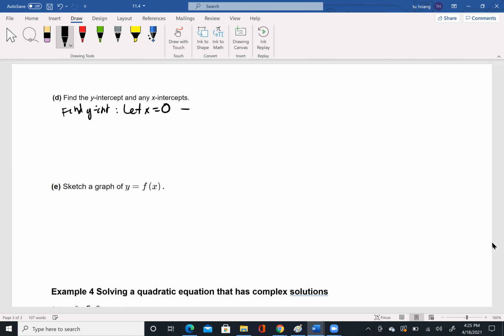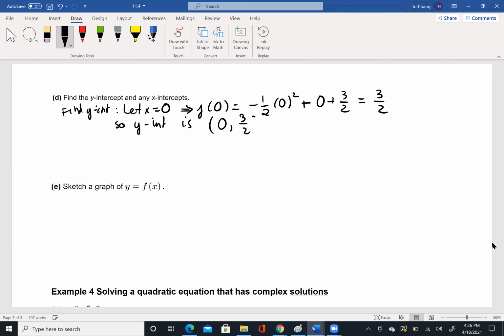Then f of 0 will be negative 1/2 times 0 squared plus 0 plus 3/2, which equals 3/2. So the y-intercept is x is 0, y is 3/2.